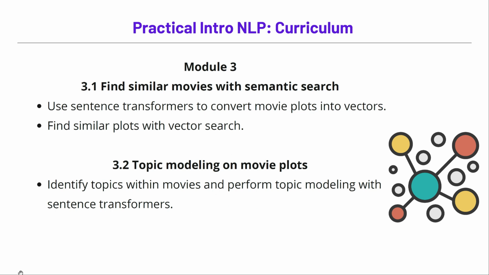And we'll also do topic modeling on movie plots. So can you automatically categorize movies into their genres, like horror, romance, comedy, things like that? Can you automatically group all the movies that we have into these different segments? That's what topic modeling is. We are going to see it in detail.